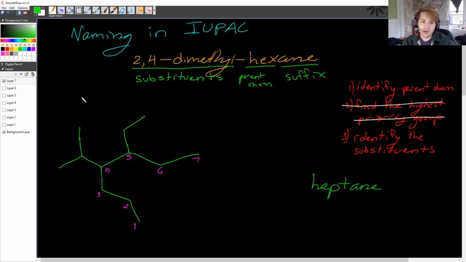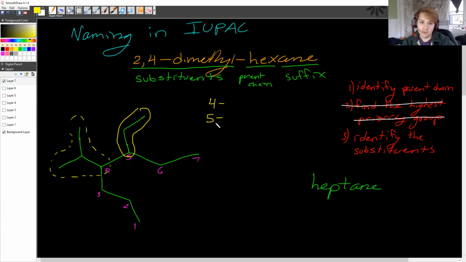And then from here, we're going to do some shopping. And we're going to figure out what our substituents are. So I see that I have this thing on carbon 5, and I see that I have this thing on carbon 4. And so what I can say is carbon 4 I have a group, and carbon 5 I have a group.